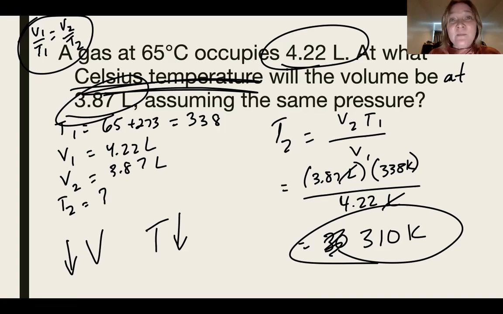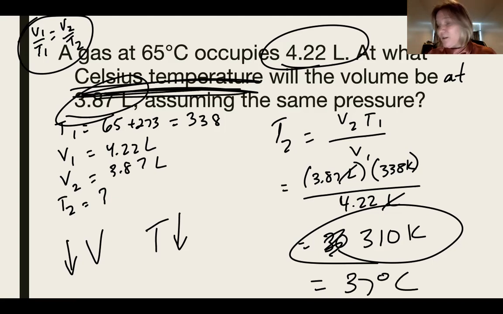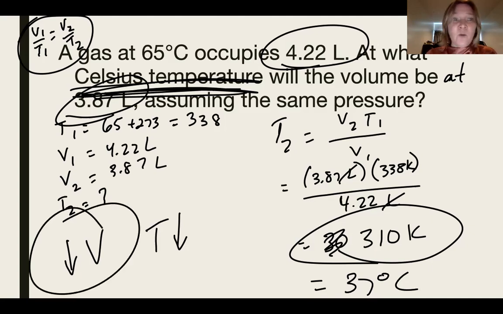It doesn't matter because you've got your own calculators. So I'm just going to do 310 minus 273, and I get 37 degrees C, since that is what the question asked for. It makes sense because our volume has decreased from 4.22 to 3.87, and our temperature has also decreased from 65 to 37. So yes, it makes sense.